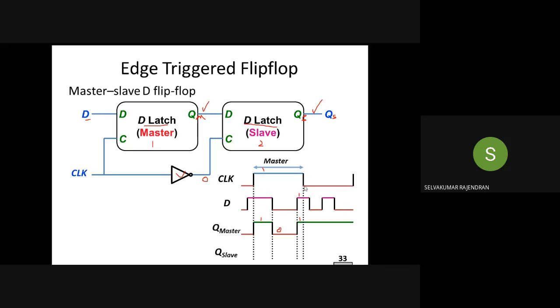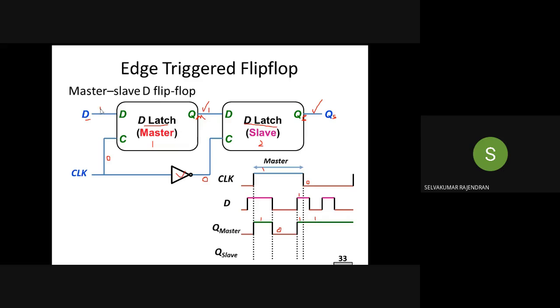Once the clock is disabled, that is, it goes to logic 0, the master stage is disabled, so the output of the master stage will be the previous state output. It goes to memory state and maintains logic 1. It means the input applied on the data line D is now available on the Q master line.